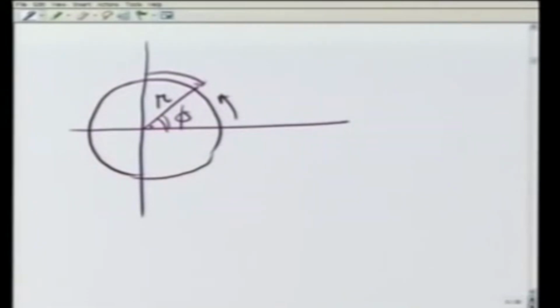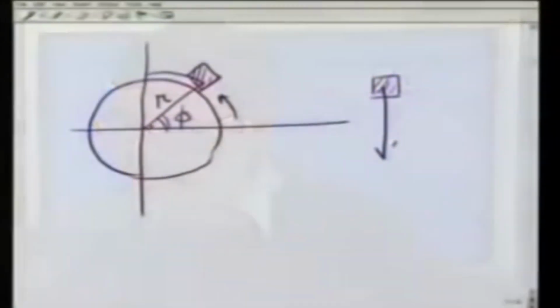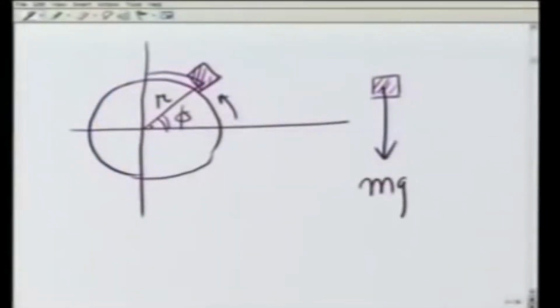My second job is to make the free body diagram for the block. So if I take the block here, the free body diagram that involves only the normal reaction or the force of constraint and the external force is going to be mg of the block acting downward and the normal reaction acting this way.